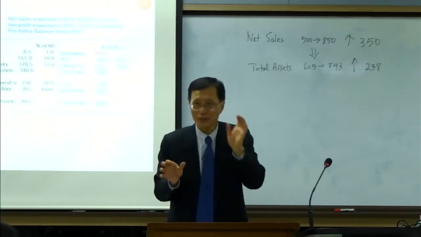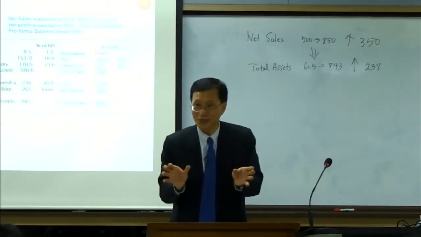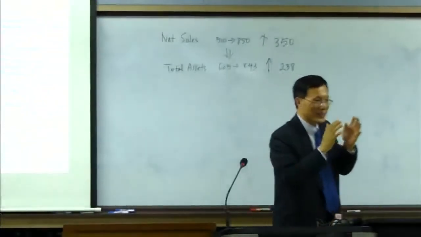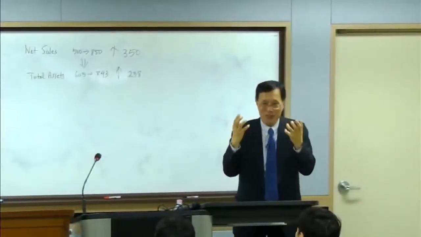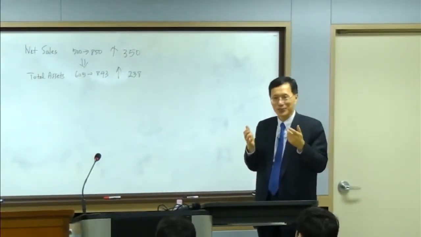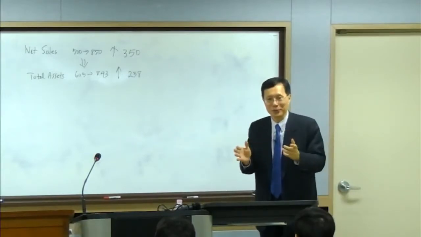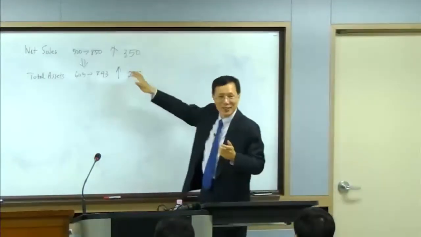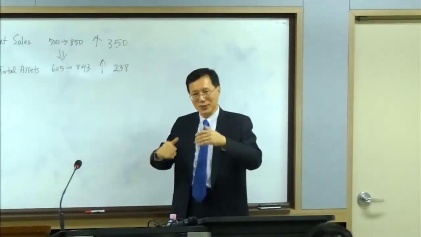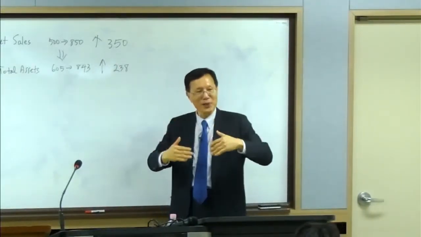I want you to have this clear linkage in you. You have to understand this. A lot of students, even business school students, don't understand the linkage between net sales and total assets. When net sales go up, total assets will have to go up.